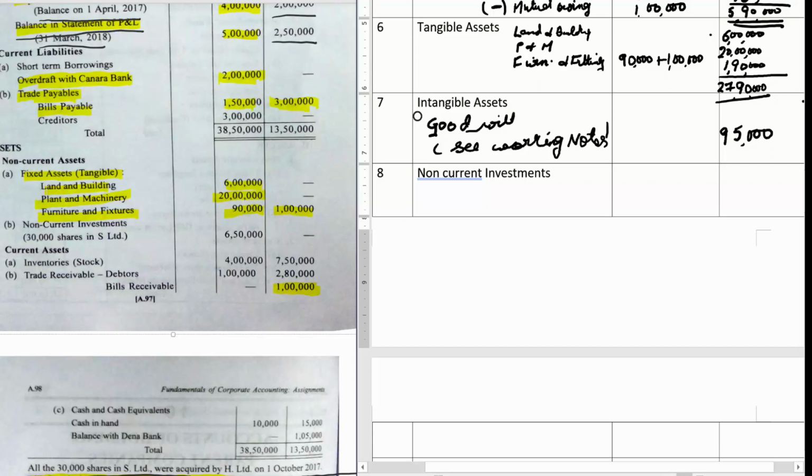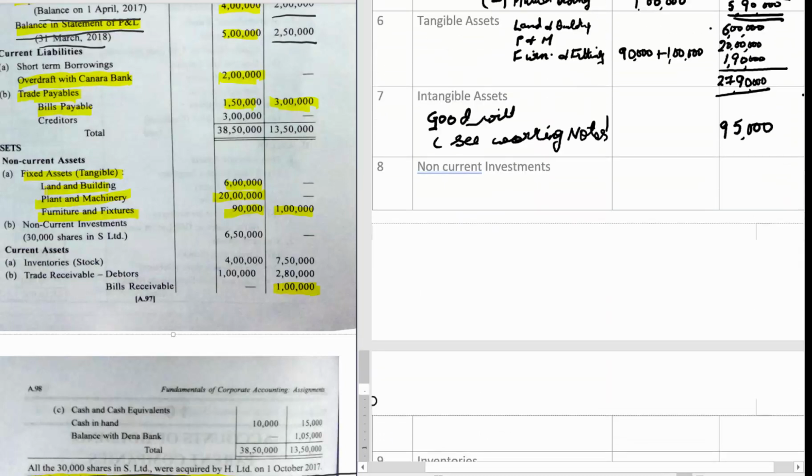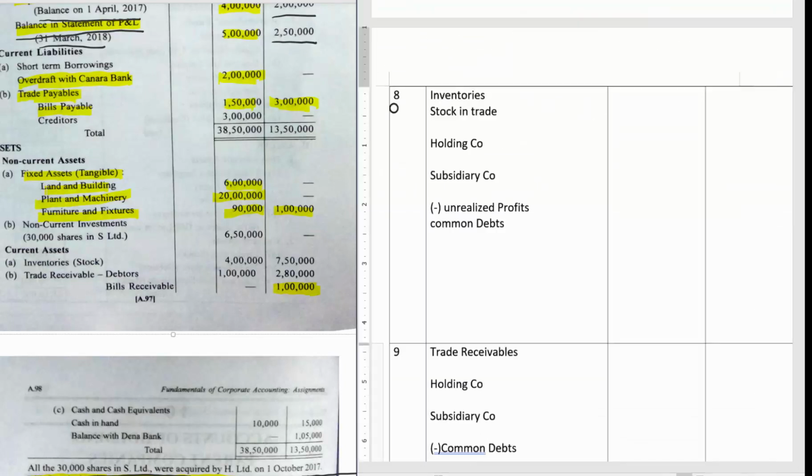Point number 8, inventories. Our balance sheet gives us inventories of 4 lakh for the holding company, which is H Limited, and 7,50,000 for S Limited, which we would be adding.